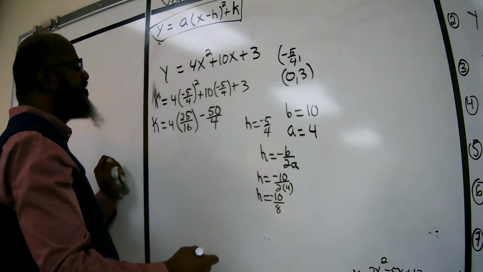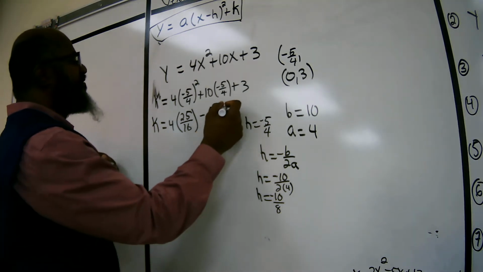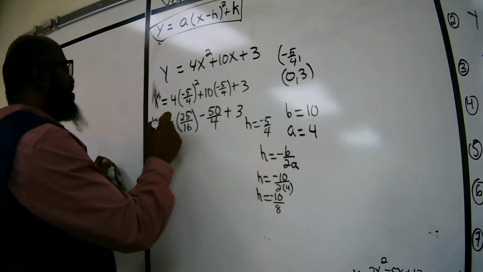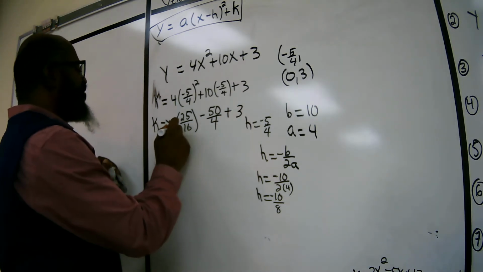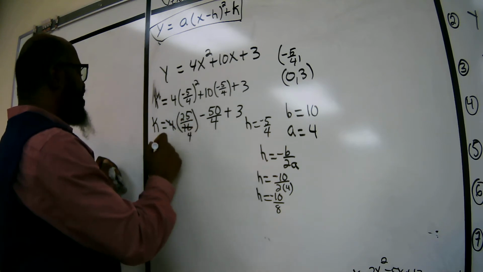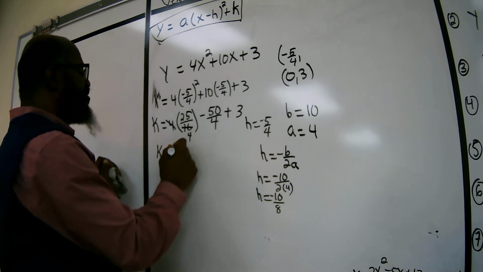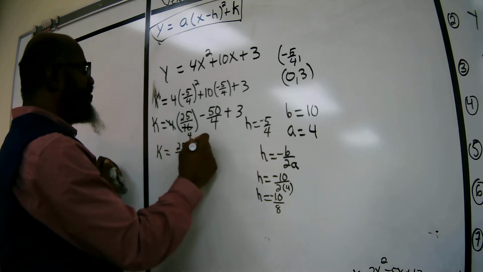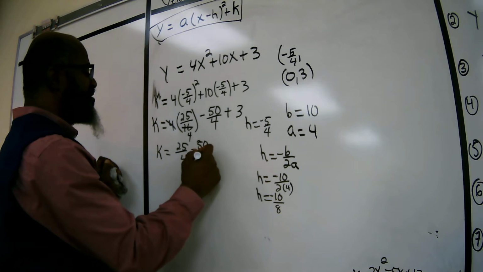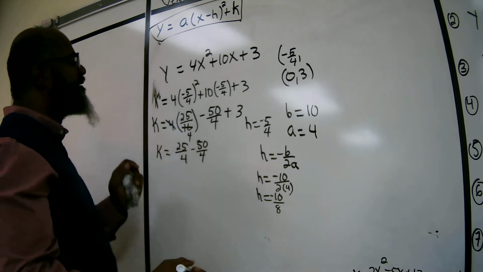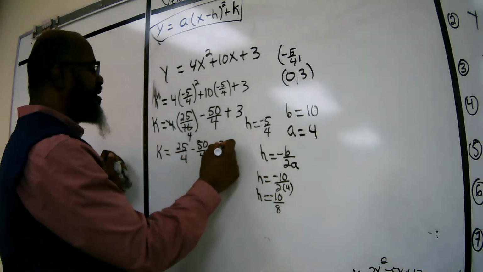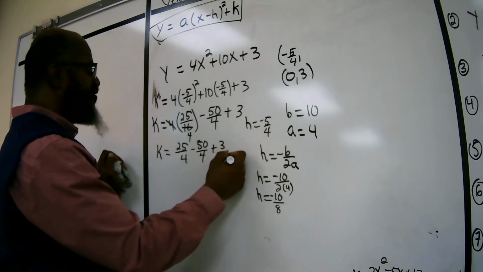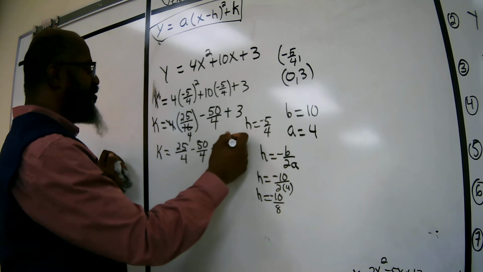This could be simplified, but for our purposes I will not simplify it because you will have a common denominator. 4 goes into 16 four times, then you will have k equals 25 over 4 minus 50 over 4. That was the reason I did not want to simplify that. So plus 3. I wanted to have this in fraction. This is 1 multiplied by 4 multiplied by 4.